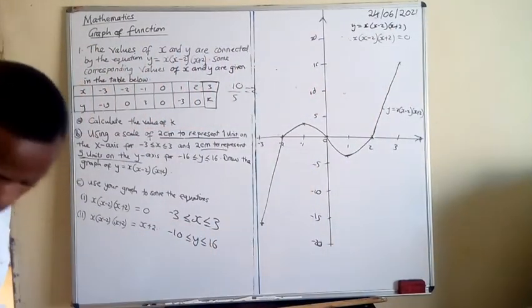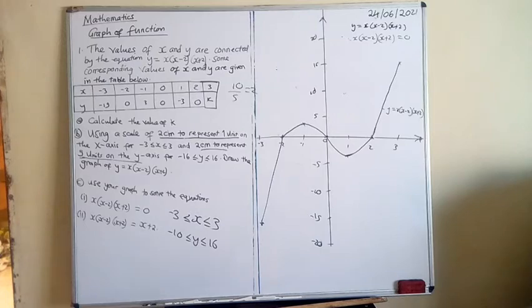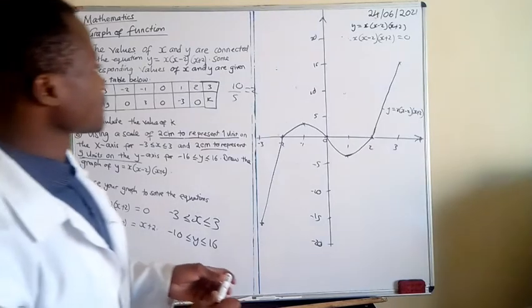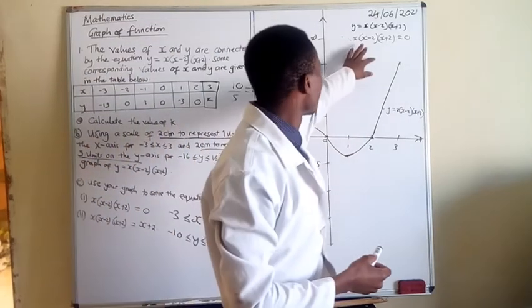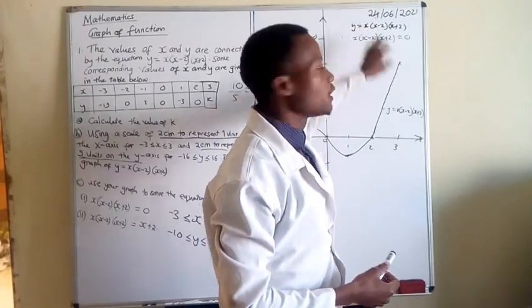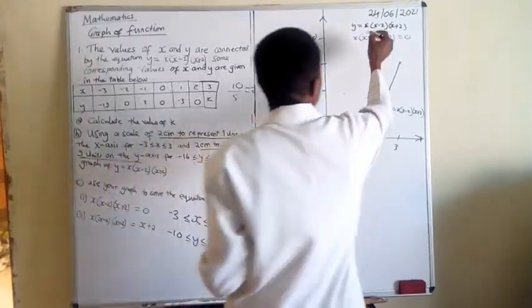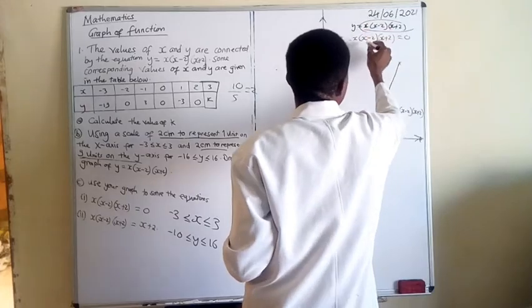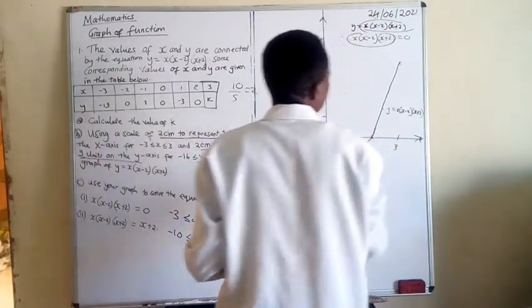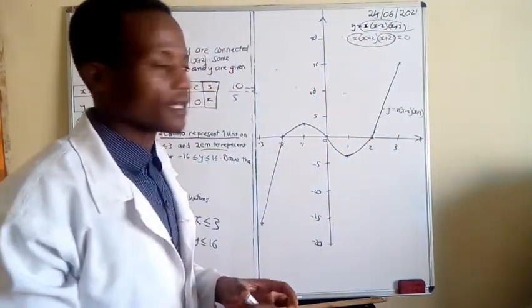When we compare, you will note something similar between this equation and that equation. So you see that the last part of this equation is exactly the same as the first part of that equation.